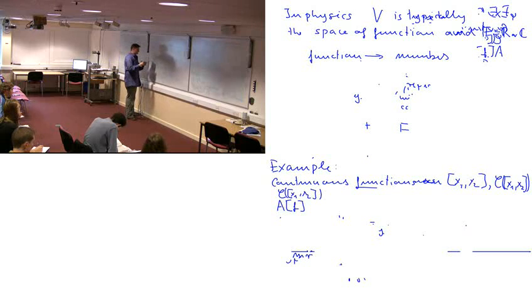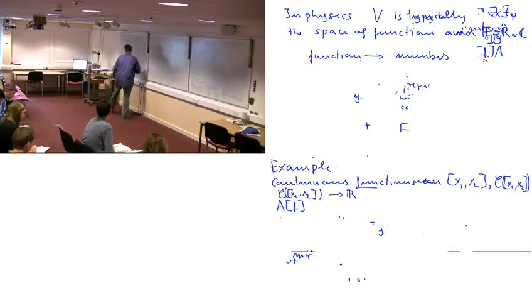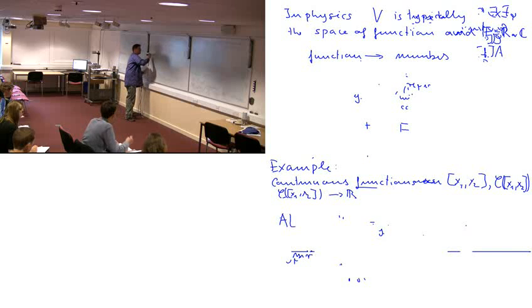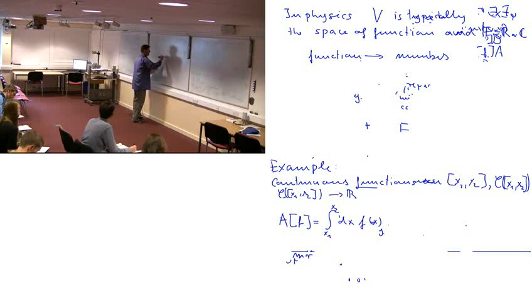And if we take them to be real functions, for example, we can map this onto R. And on this space, we can simply define a very simple functional by saying, well, we simply integrate from x1 to x2 dx f of x.